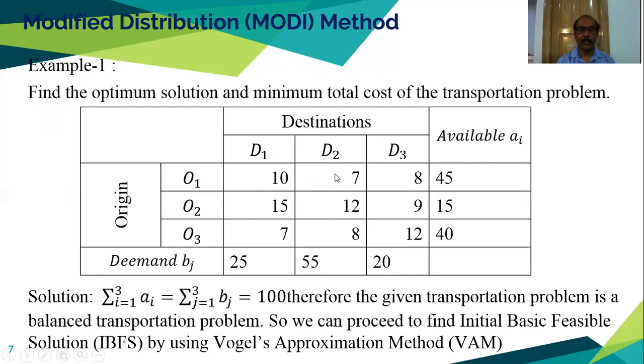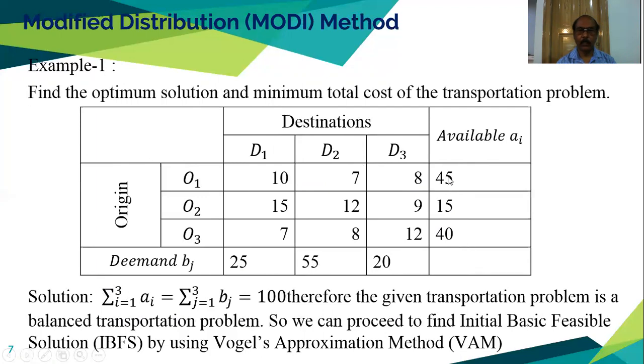So solution. To start the solution, first we have to check whether the given transportation problem is balanced or not. That means it should satisfy the rim requirement. So summation of ai for i equal to 1 to 3 equals summation of bj for j equal to 1 to 3, which is 100.